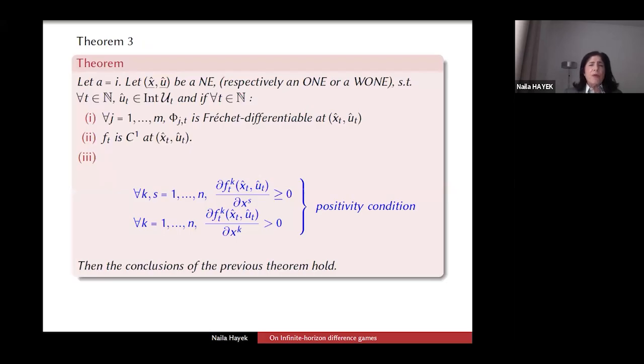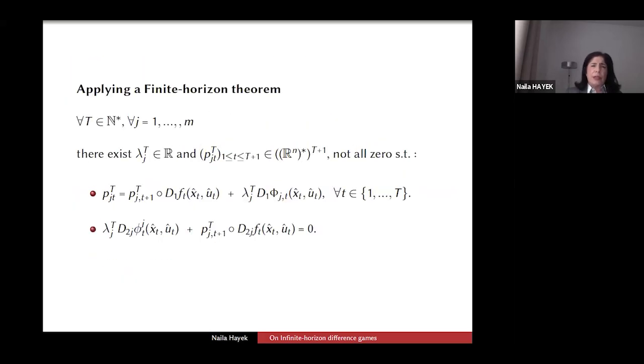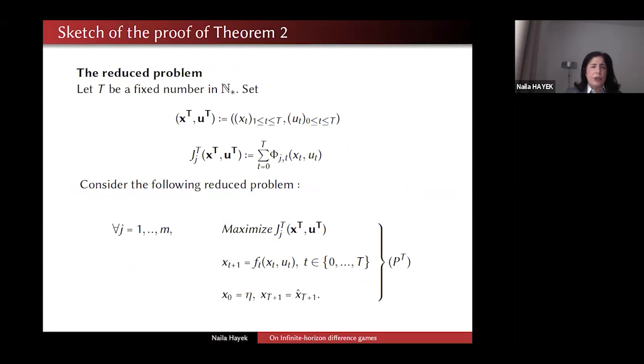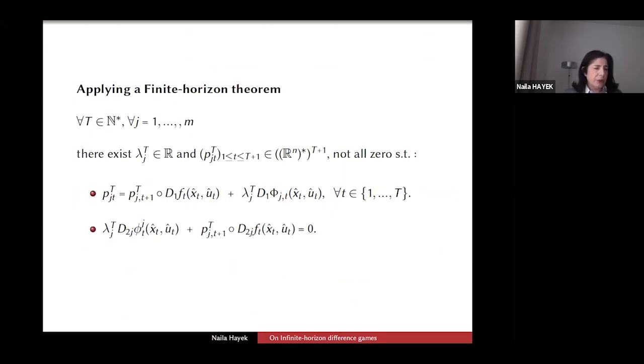So now, after having looked at the invertibility condition, I will write theorems with other conditions.